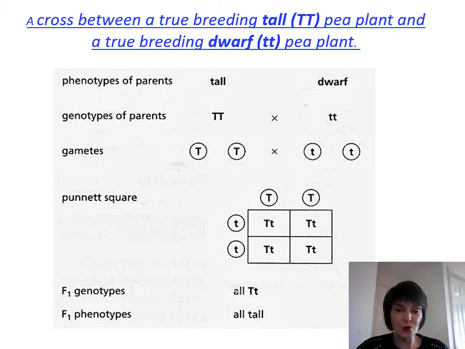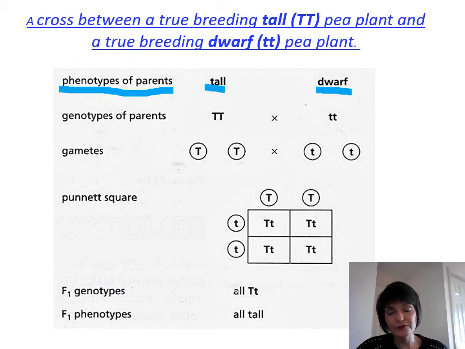Okay, so what we've got is, I'm just going to get my wee pen here, and my wee highlighter. Hang on a minute. So we have got the phenotypes of the parents. So here are the phenotypes of the parents. We know that they are tall and they are dwarf.